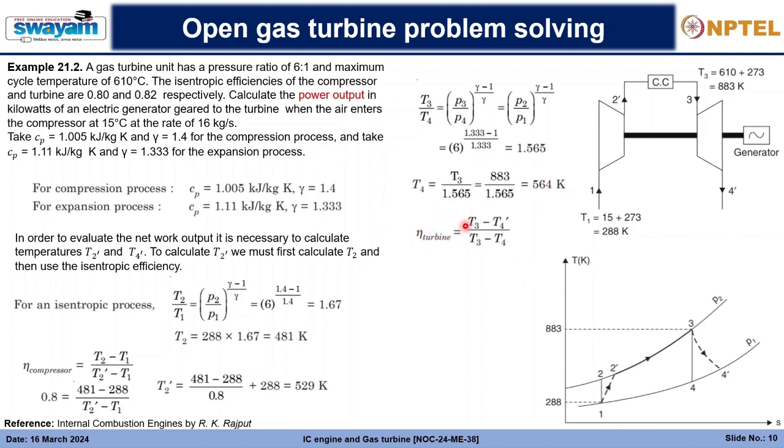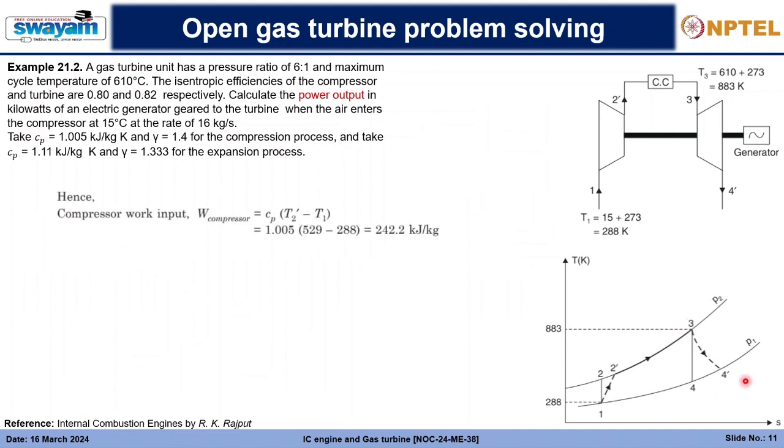The turbine efficiency is T3 minus T4 dash divided by T3 minus T4, and accordingly if we put in the values, we'll find that the value of T4 dash is equal to 621 Kelvin.